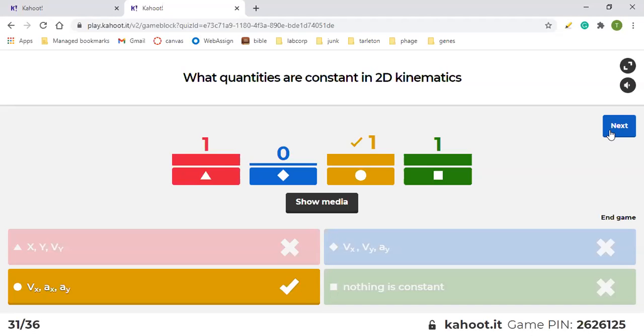So if our velocity in the x direction isn't going to change, our acceleration in the x direction is going to be 0 as well. And our acceleration in the y direction is always going to be negative 9.8 meters per second squared.